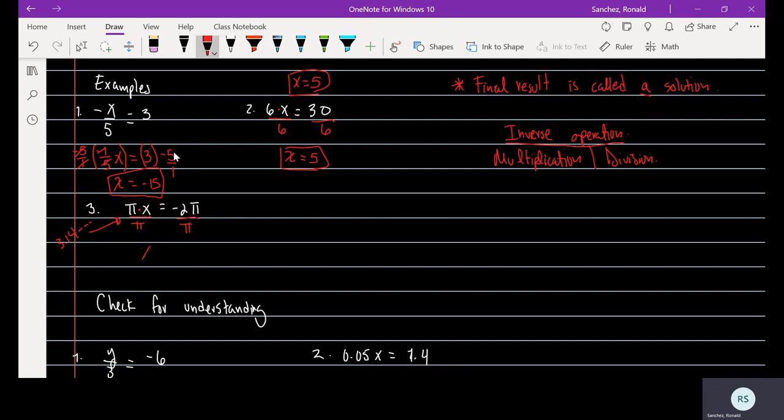Now, check out what happens. I'm left with negative 2, since pi divided by pi cancels out as well. It simplifies to 1. Pi divided by pi is just 1. 1 times negative 2 is negative 2. And that is it for these problems.